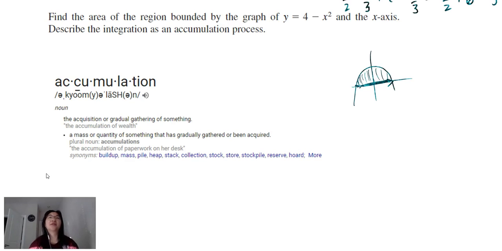accumulated. Because if you know the number of people who are entering a building, and then you add up the people who are entering the building, then you have accumulated the total number of people in the building if it was empty in the beginning.